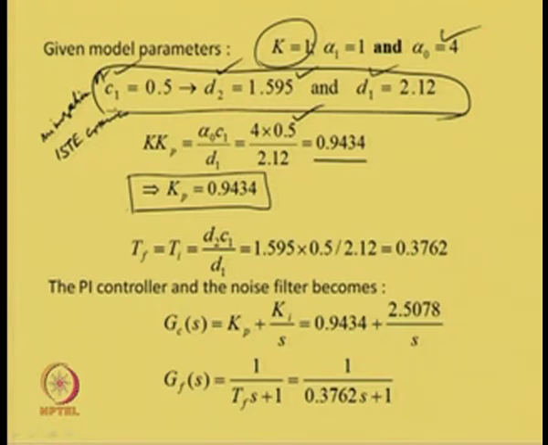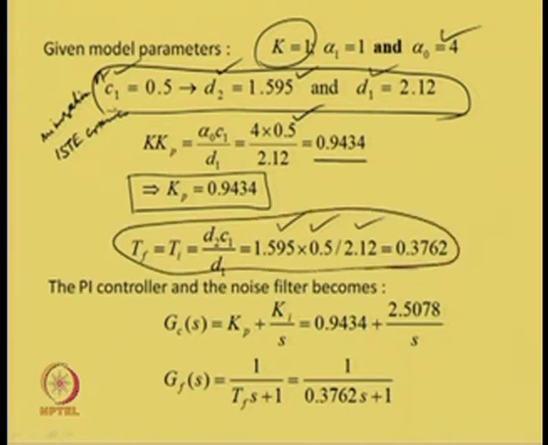0.9434. Now, Tf is equal to Ti is given as D2 C1 upon D1. Now, which is nothing but D2 is 1.595 times 0.5 upon 2.12, which gives us Tf is equal to Ti is equal to 0.3762.